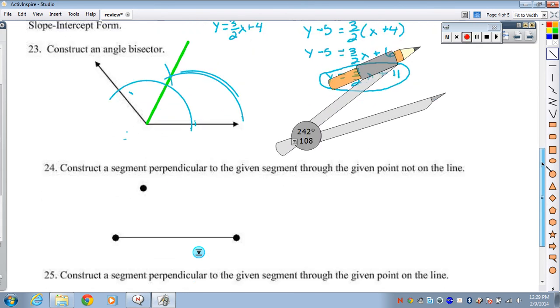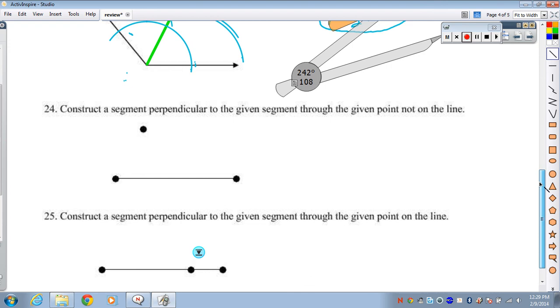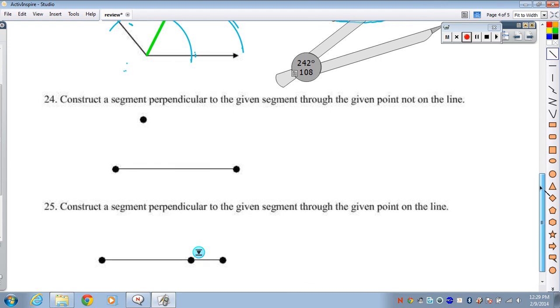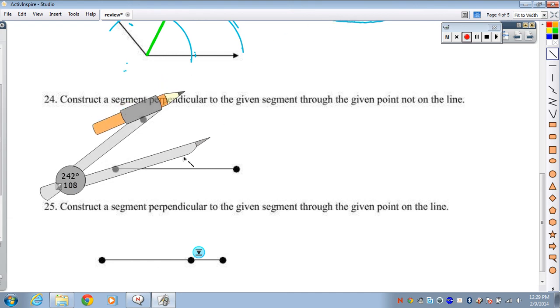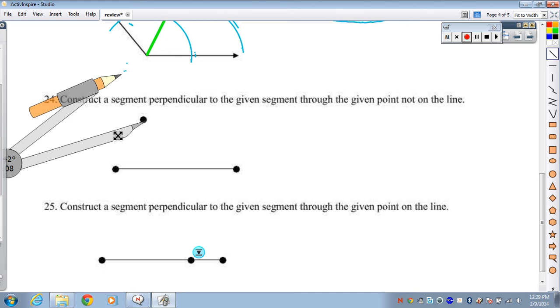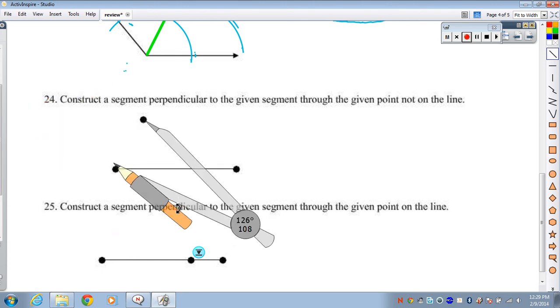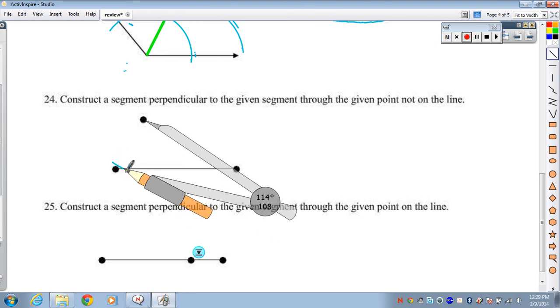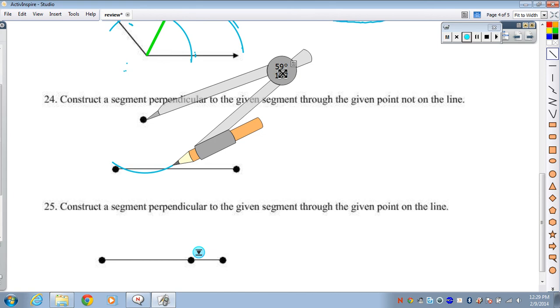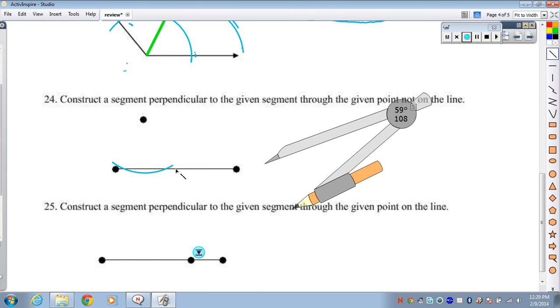All right, next one. Construct a segment perpendicular to the given segment through the given point on the line. So you're going to put your pointer here, and we're going to draw an arc so that it crosses this line 2 times. We're not going to use that point and that point.